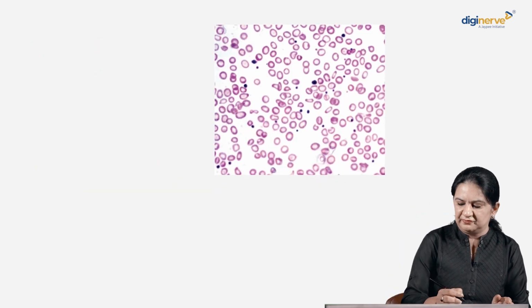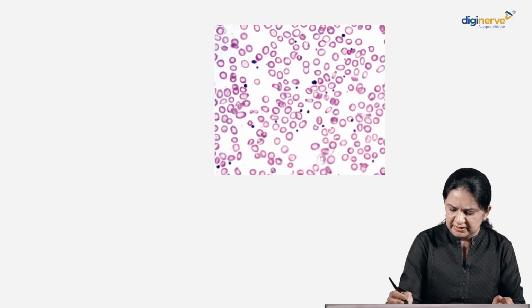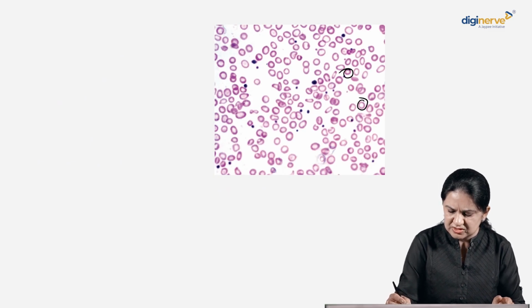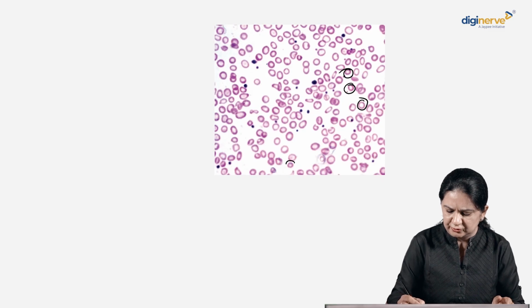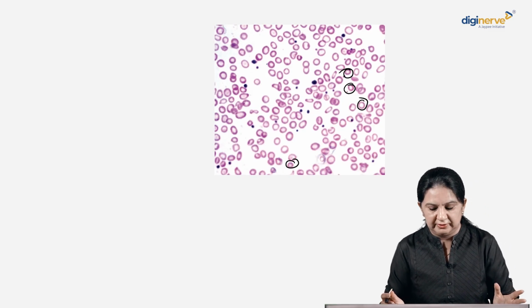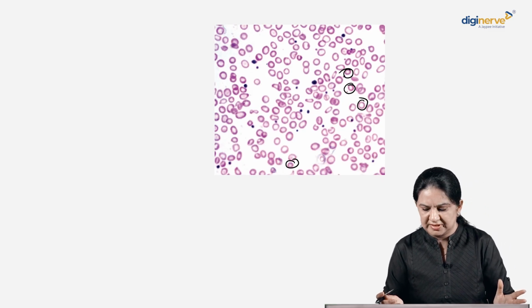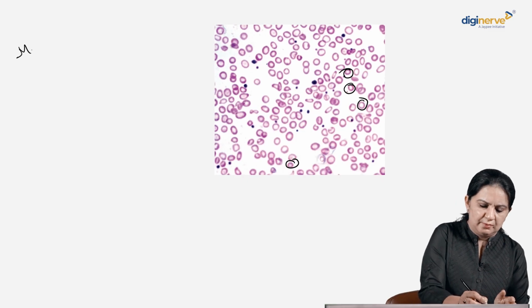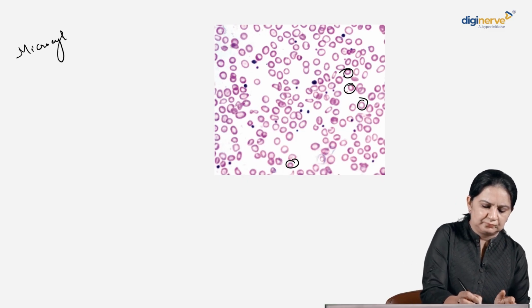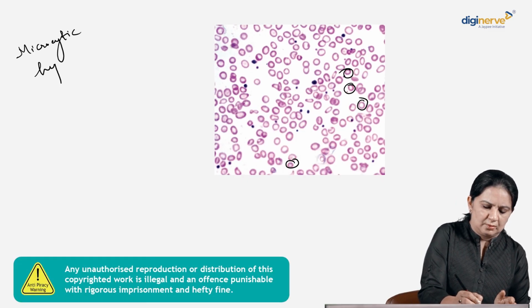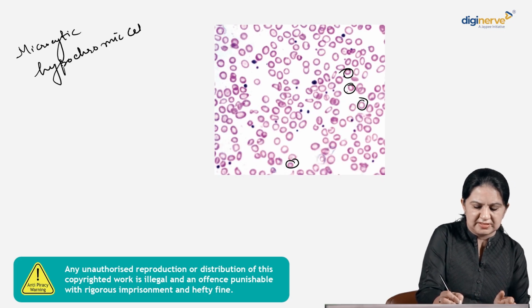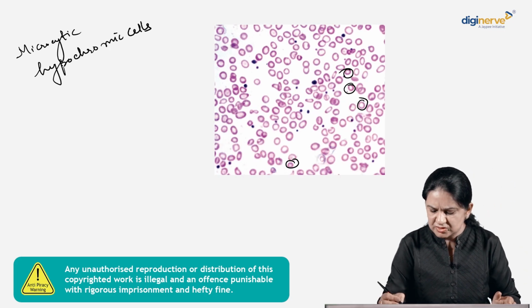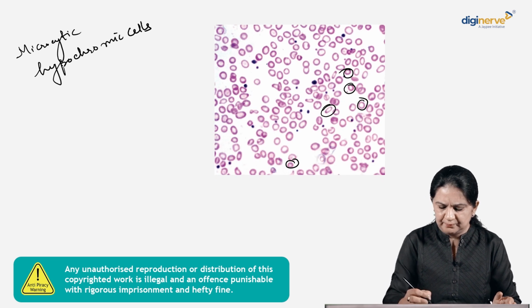Coming to the peripheral blood finding, you will see various microcytic hypochromic cells. Microcytic hypochromic cell with increased central pallor, that is a hypochromic cell. You can also see some pencil cells.